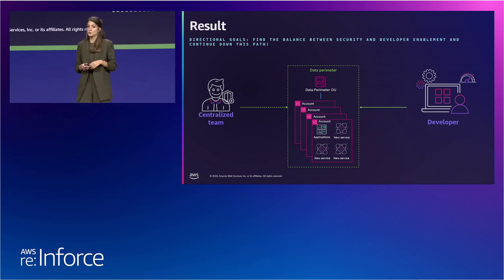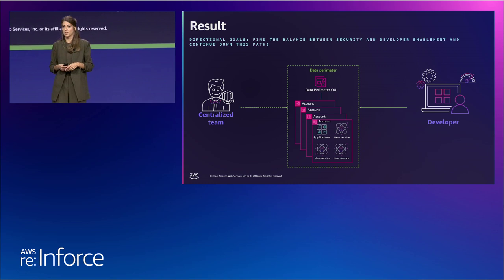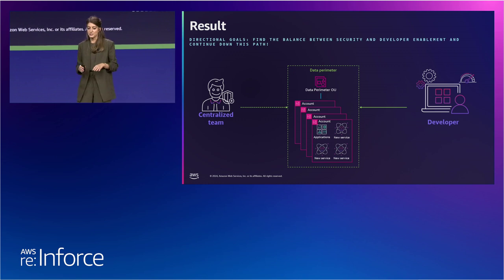We think that devs should be able to get access to new services without anyone in IAM panicking. And with every new use case, we learn something new about the data perimeter and how it interacts with our custom applications or architectures. But we don't want to get ahead of ourselves. We know that this is a journey, and we are excited to continue down this path.